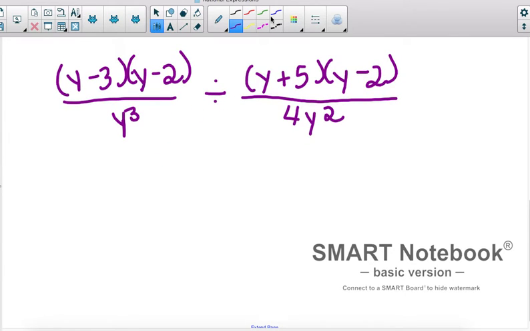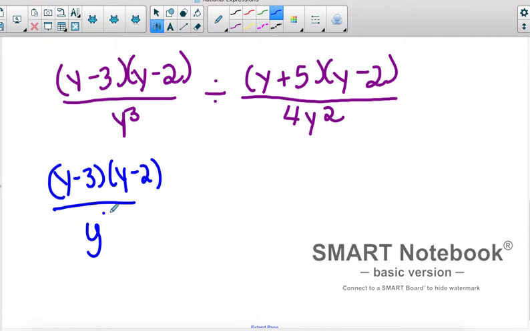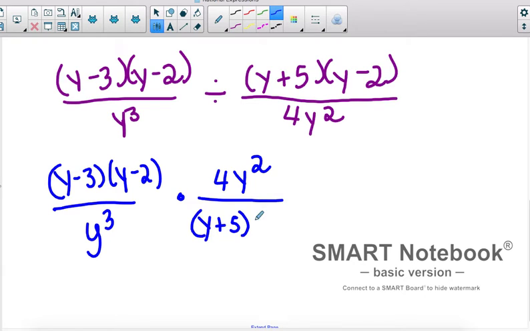All right. Now, that's still division. We have to change it to multiplying by the reciprocal. So, y minus 3 times y minus 2 over y cubed, times, flip your second fraction, that's the reciprocal, 4y squared over y plus 5 times y minus 2. Okay? So cross these out.